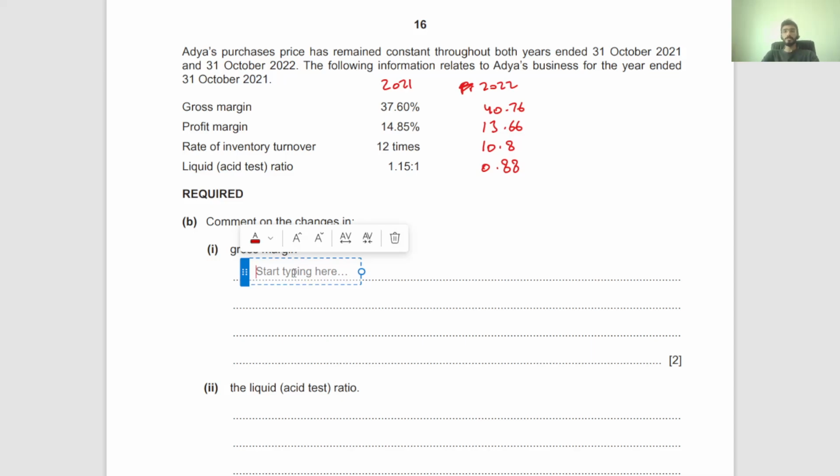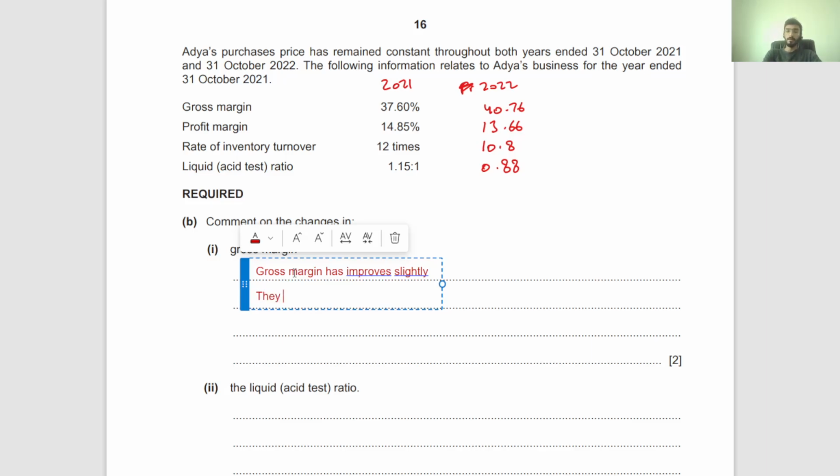What has happened? Gross margin has improved slightly. There are multiple ways to put your analysis, but I'm just going to give you some points. This is not the way you're going to write your answer, but these are some points you can include in the whole sentence. It says the prices remain the same, so it must be the selling price.